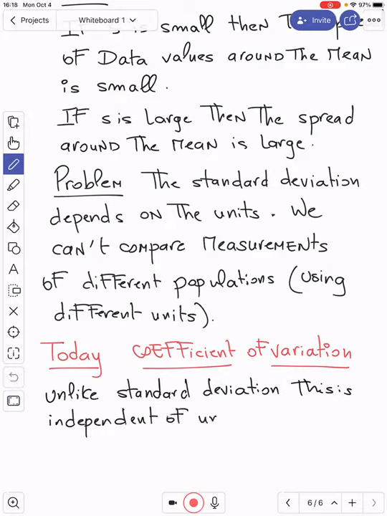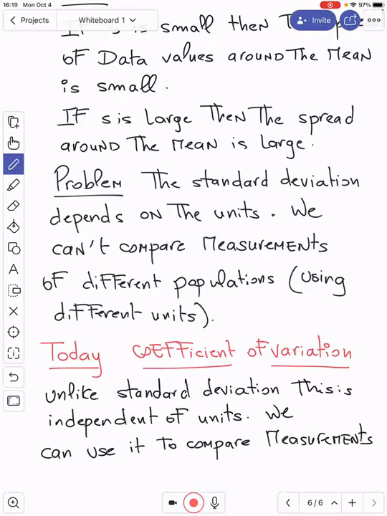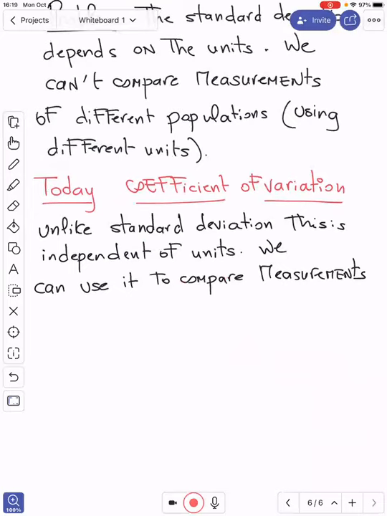Okay, so you can use the coefficient of variation to compare measurements of different populations, right?